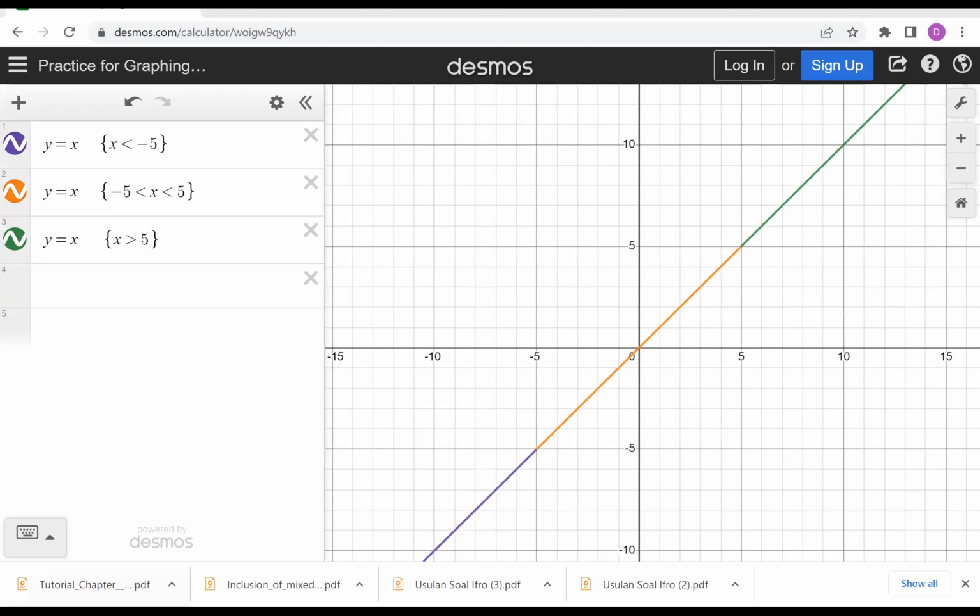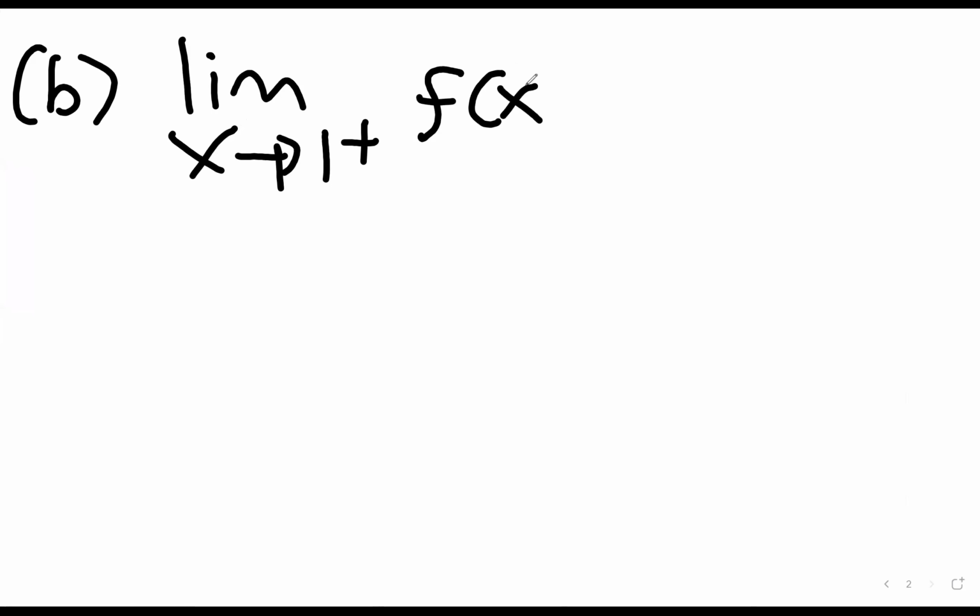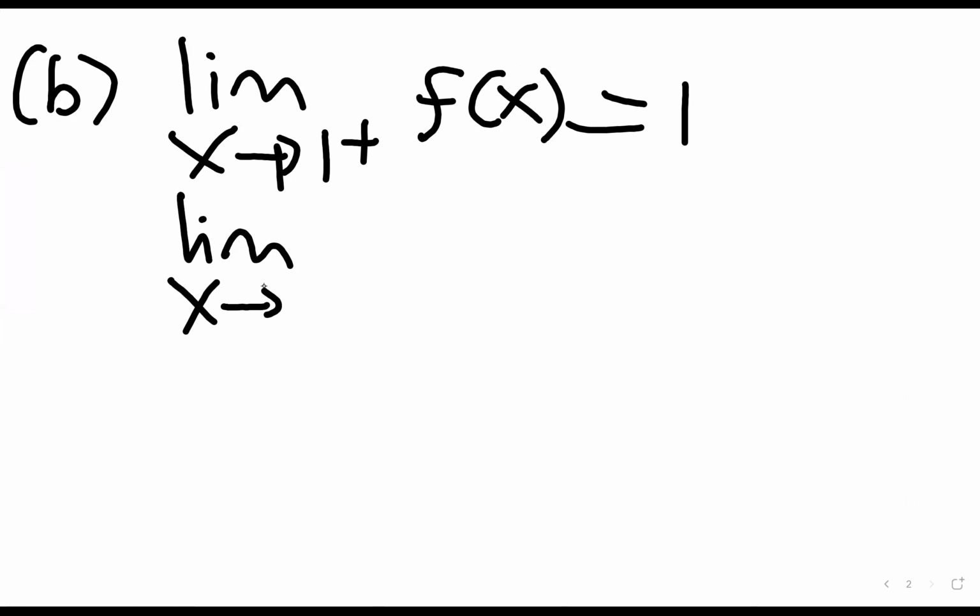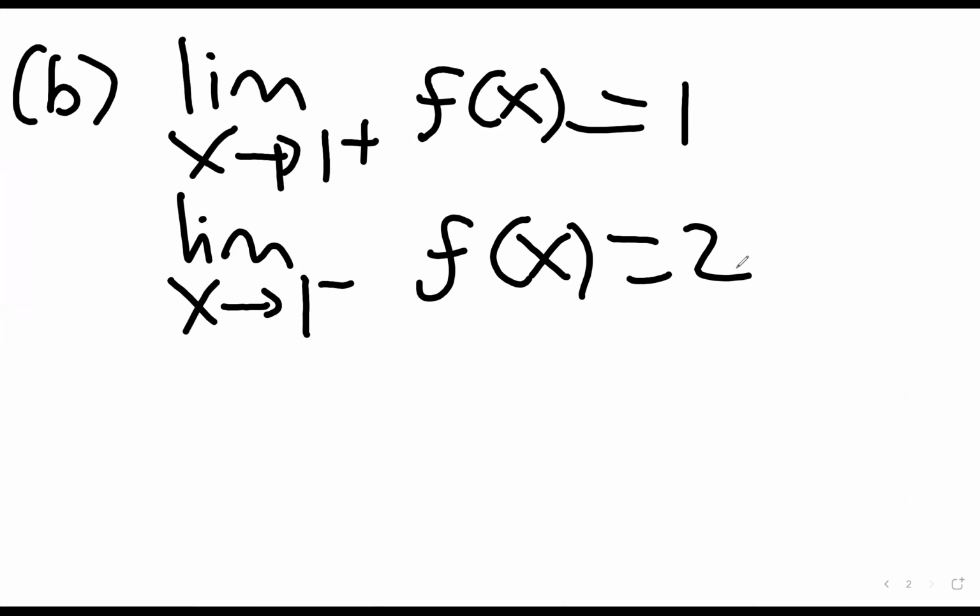So here, the limit x tends to 1 from the right of f of x equals 1, and the limit x tends to 1 from the left of f of x equals 2.